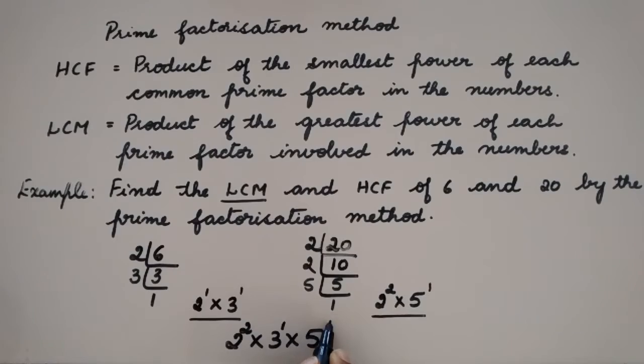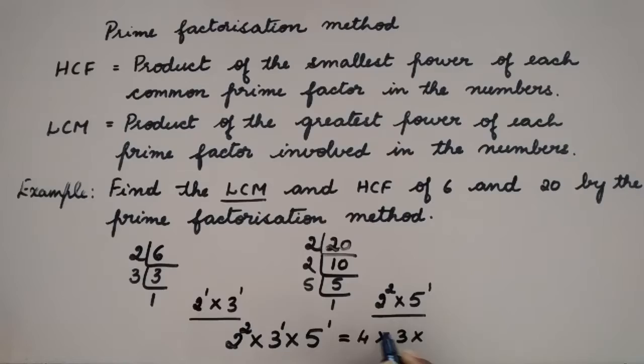It is 1, isn't it? Yes. So we get 2 square is 4 into 3 to the power 1 is 3 and 5 to the power 1 is 5. So we get 4 3s are 12. 12 into 5 is 60. And this is the LCM of 6 and 20.